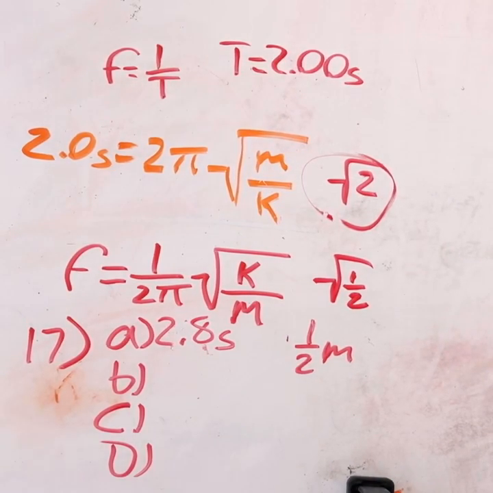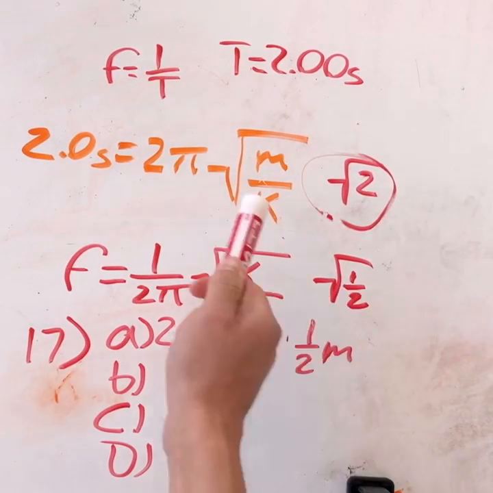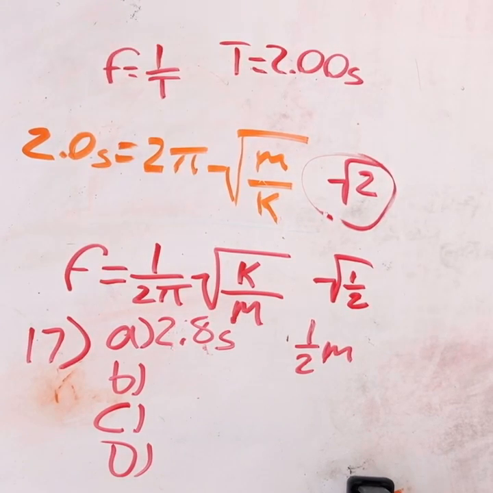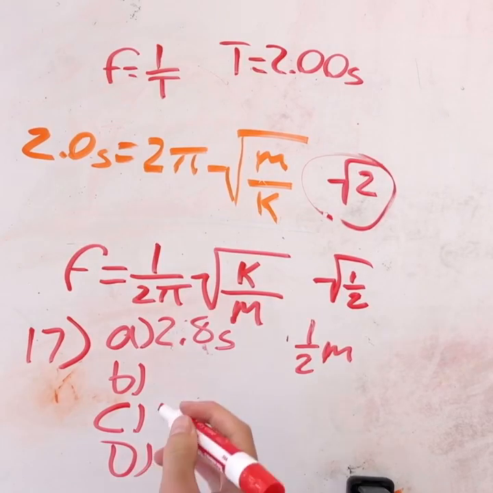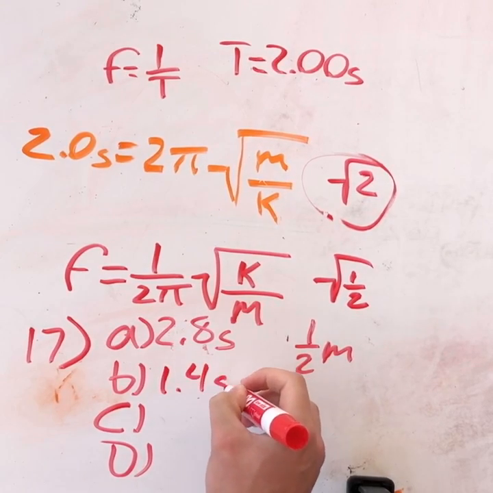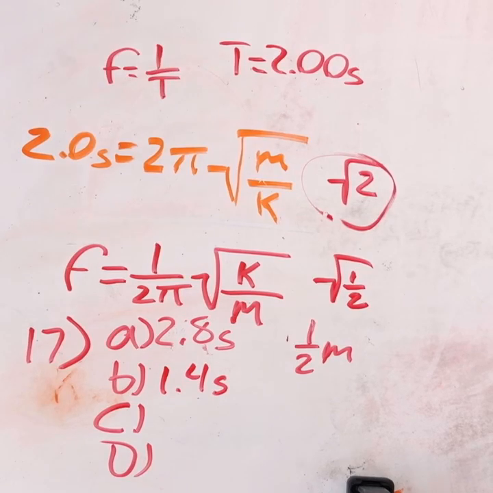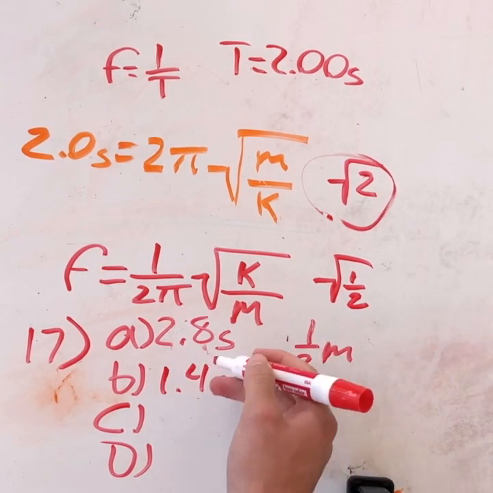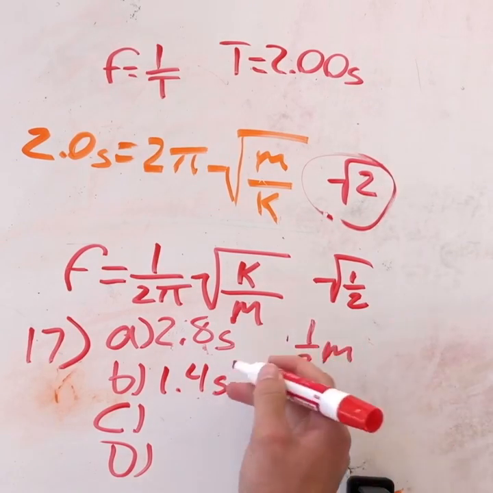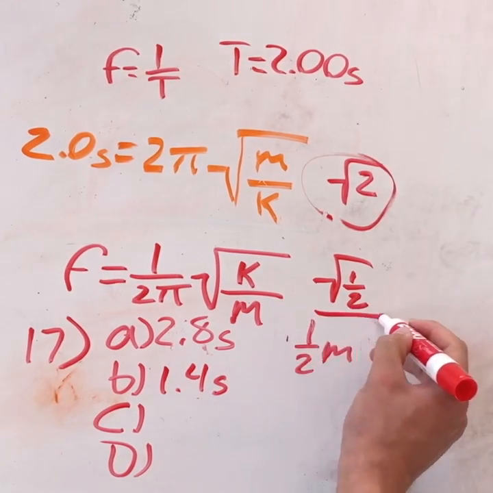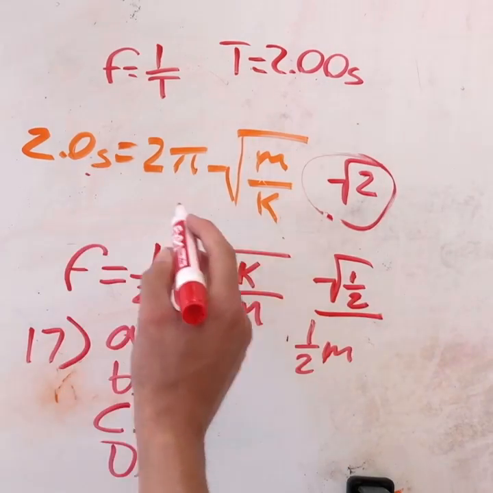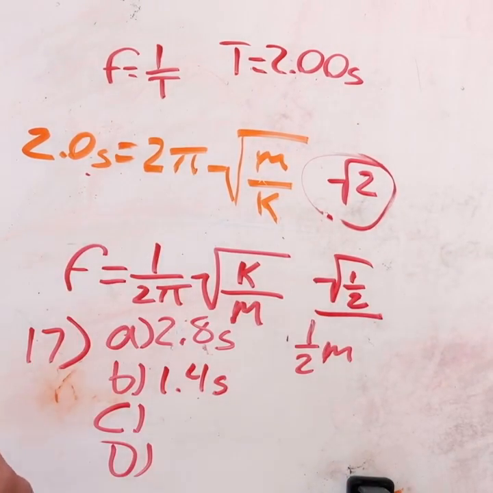If we take square root of 1/2 and multiply it by our standard period of 2 seconds, we get a grand total of 1.4 seconds. And so it's exactly half of double the mass, which makes sense, especially since we don't have a mass to work with. But again, we find the ratio and we multiply that ratio by our period.